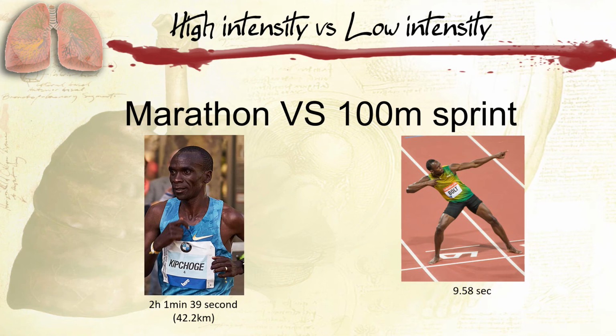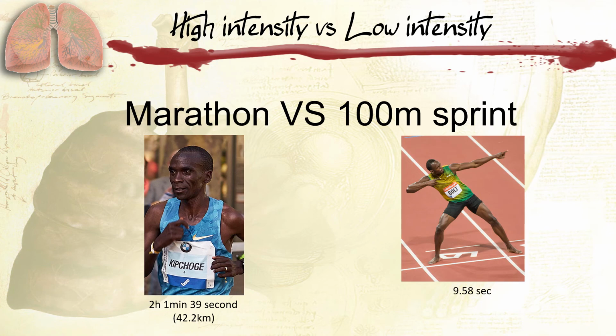So clearly, the intensity of the 100-meter sprint is actually a lot higher than the marathon. And your muscle will need to contract faster to enable yourself to run at such a speed.